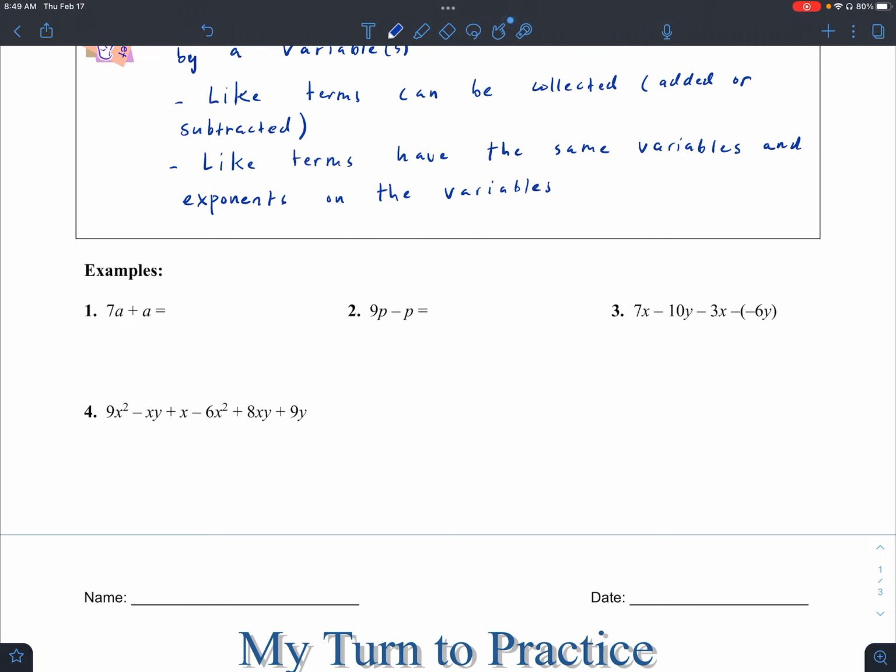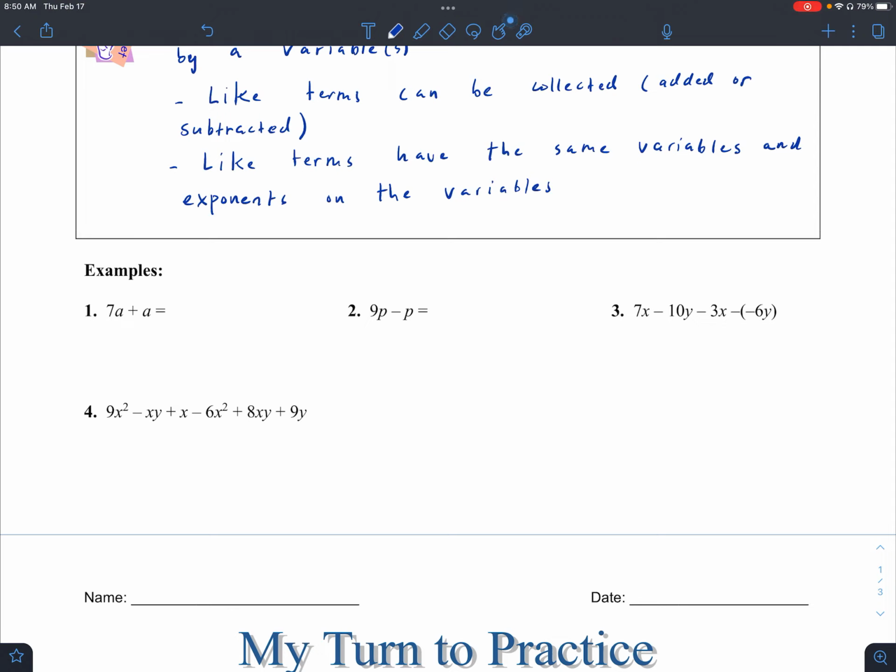So see if you can do number one, if you can figure out how you would collect those two terms. Now you have to realize that the a actually has a coefficient.